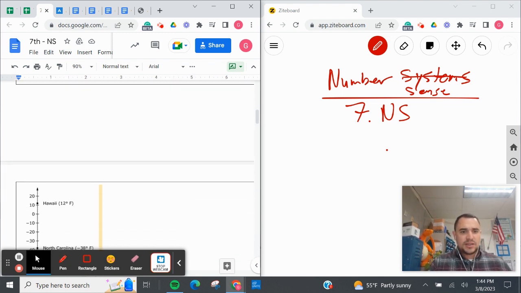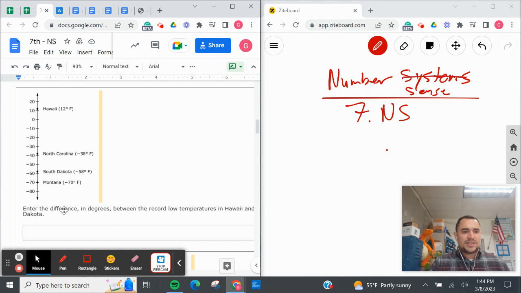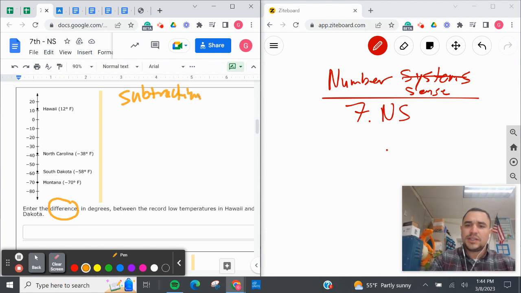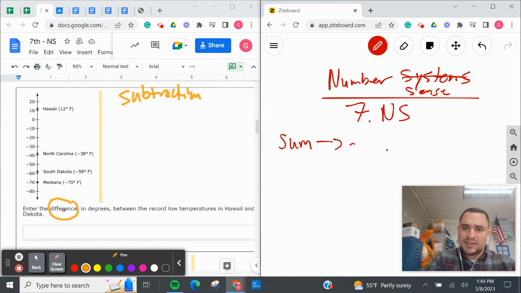We're moving on to our next one. It says enter the difference. One thing that you know about difference is that the difference is basically subtraction. I'll put this in your notes. Sum is addition.